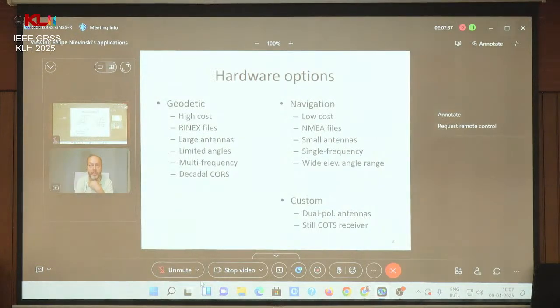You get Linux files from it, so you get multiple constellations, multiple modulations. These antennas are large, bulky, heavy, and sometimes more expensive. Thinking of the choke ring type antennas, and that causes a limited range of elevation angles.